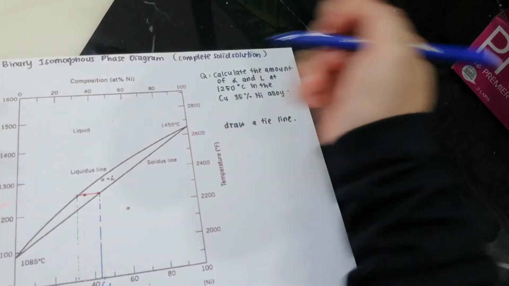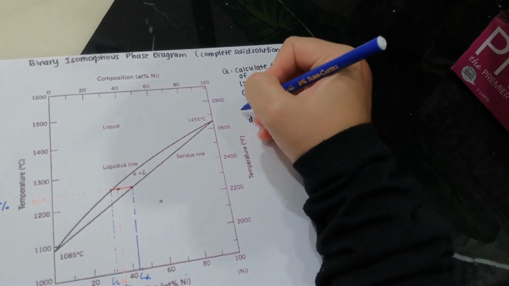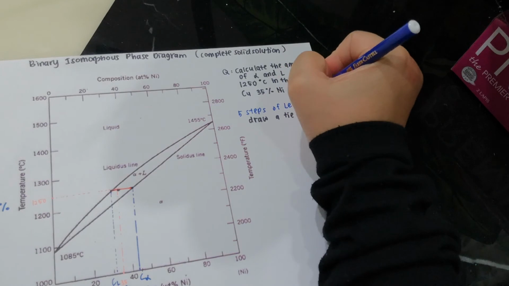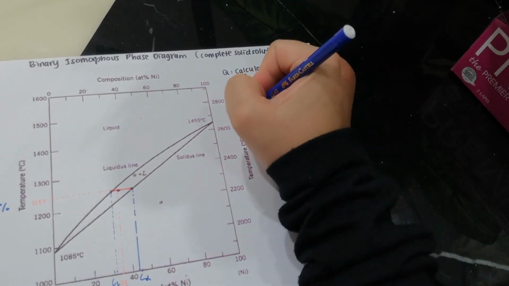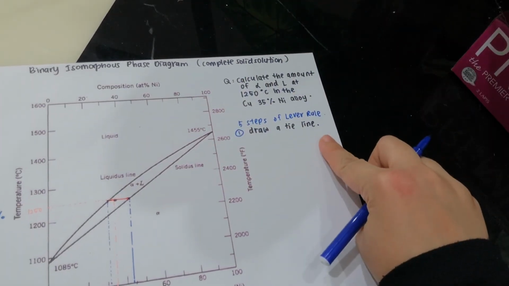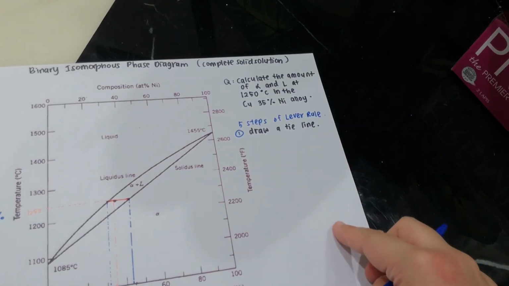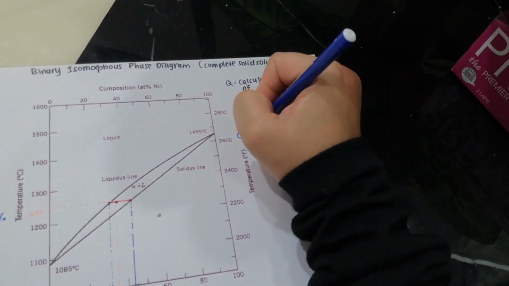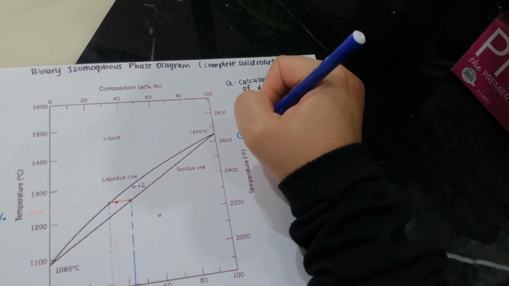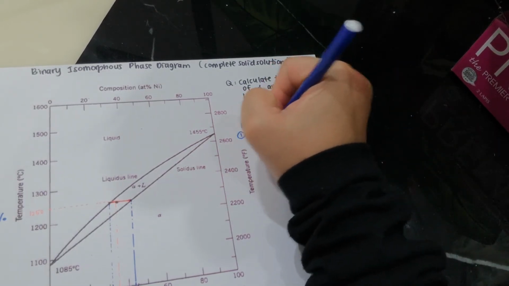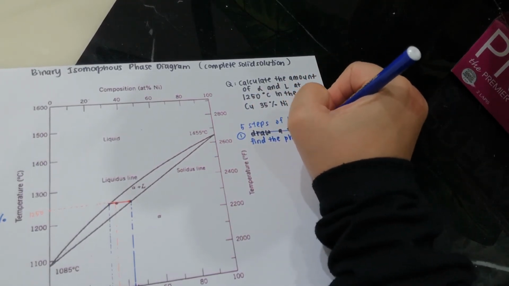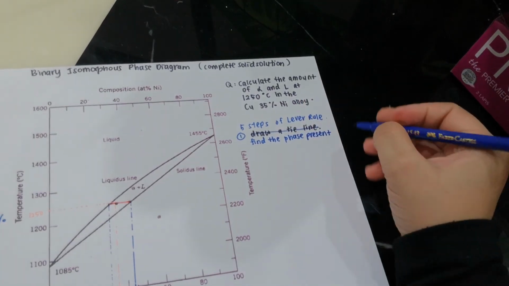All right, the 5 steps that are very important, the 5 steps of the lever rule. First, we have to find the phases present.